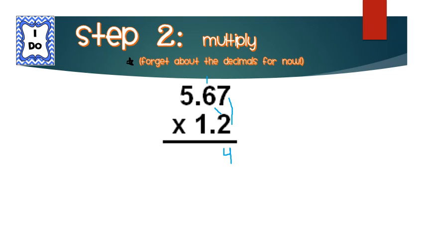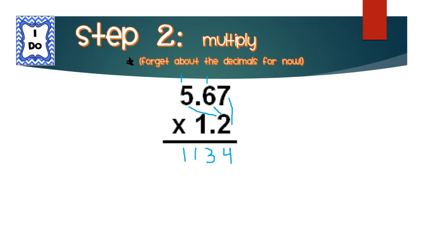Then I'm going to multiply 2 times 6. That's 12, plus the 1 up top. So I have 13. Leave my 3, carry the 1. And then I do 2 times 5. That's 10 plus the extra 1. So I have 1134.